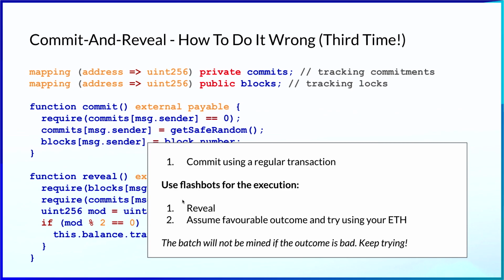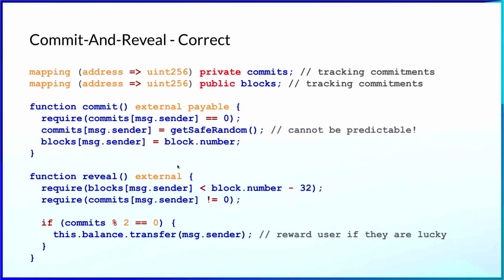And I will be trying over and over, and because reveal produces different results, at some point I would succeed. So the proper way of fixing the code would be not breaking it again, but introducing these 2 mappings and waiting a sufficient number of blocks so that the outcome of the reveal is every single time consistent.